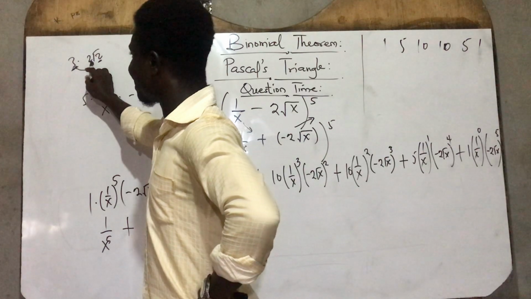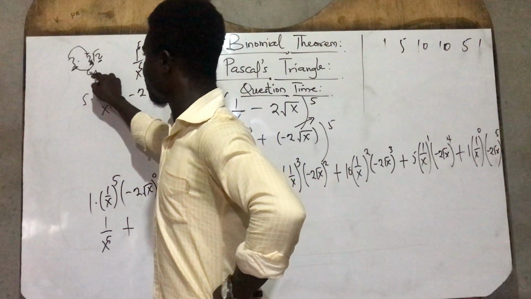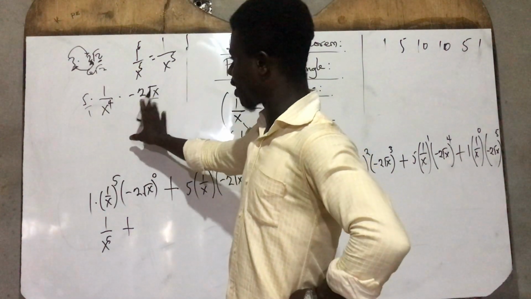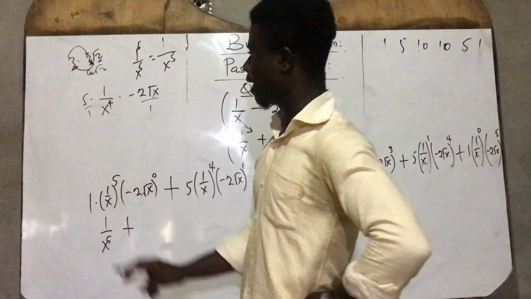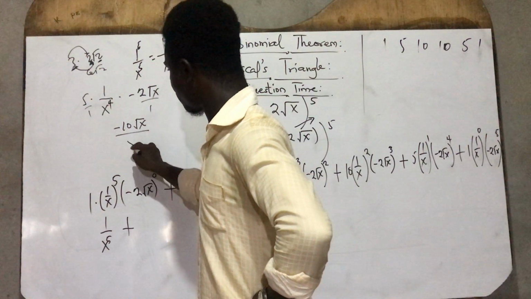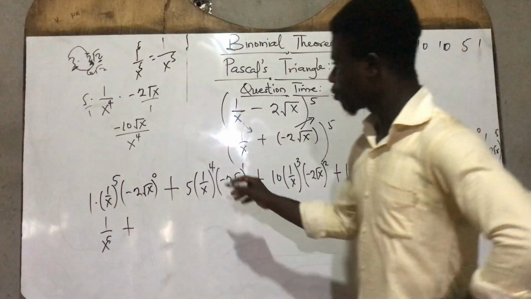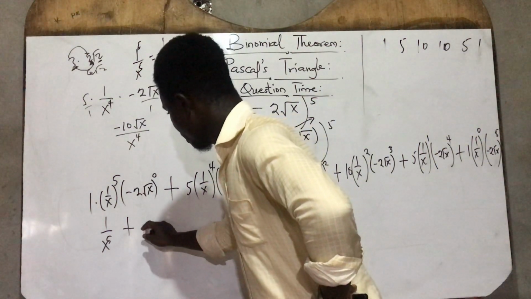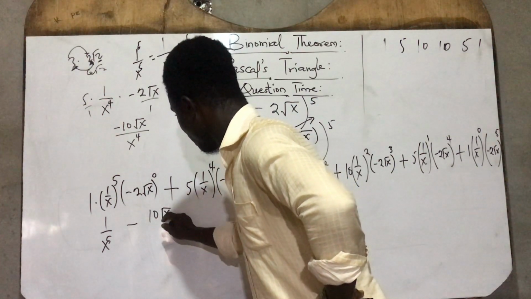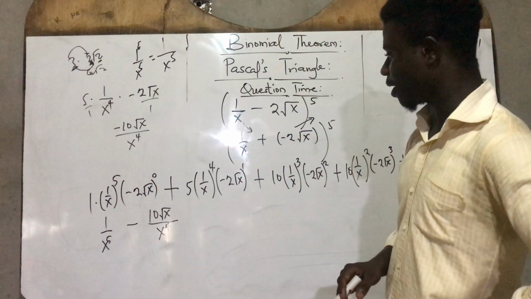So 3 multiplies 2, which is 6 square root of 2. So here, multiplication of fractions: 5 multiplies 1 multiplies negative 2, and I get negative 10 square root of x all on x to the power 4. We can do simplification there, so don't worry.